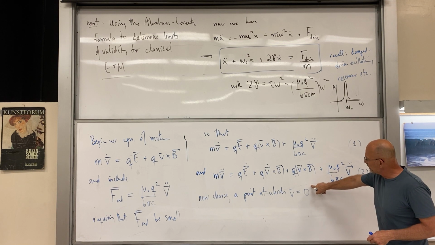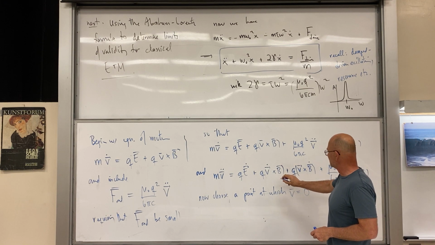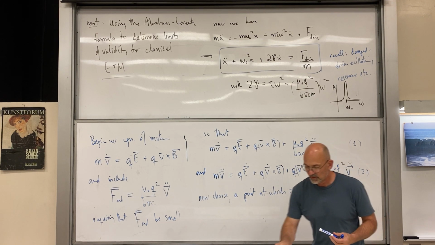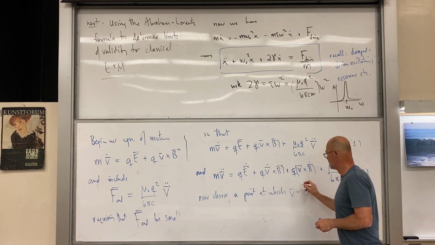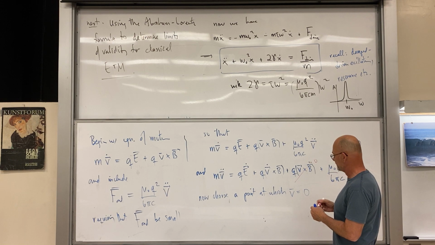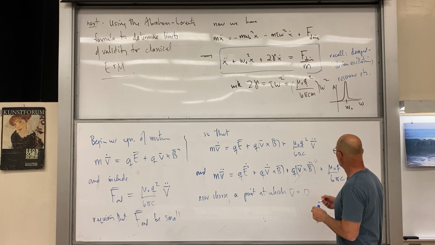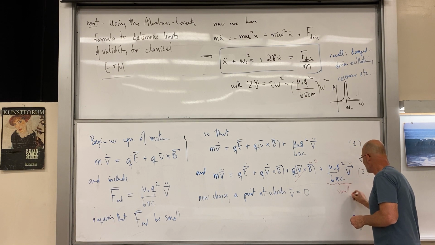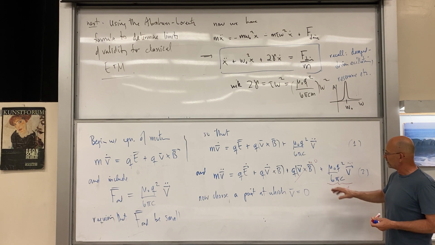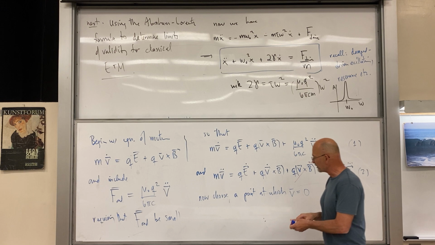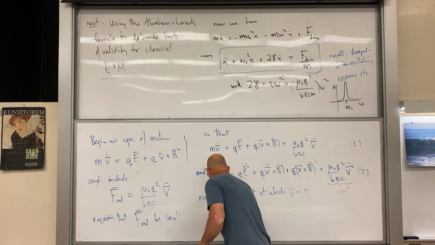So when v is equal to 0, you see we get rid of this term here. And by assumption, this one is small. So at a point at which v is equal to 0, we can have an approximation here.